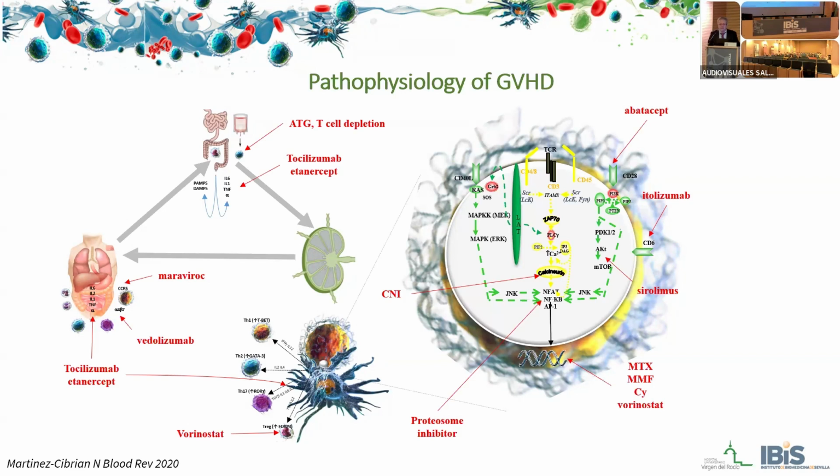There are more classic approaches, such as the combination of a calcineurin inhibitor, which will be targeting the calcineurin, which is downstream of the T cell receptor, together with an antimetabolite, such as methotrexate, and also more novel approaches, which are becoming kind of a standard, such as the use of cyclophosphamide, which also acts as an agent which is acting on activated T cells.